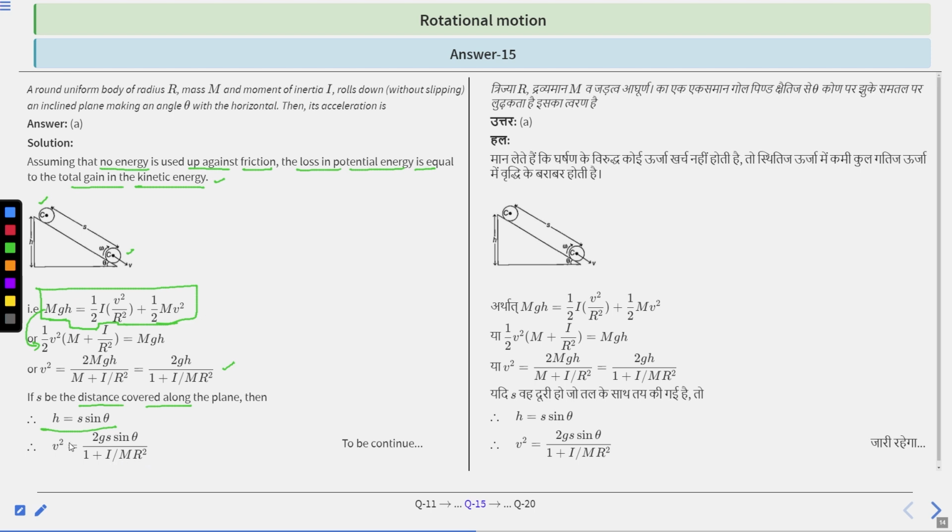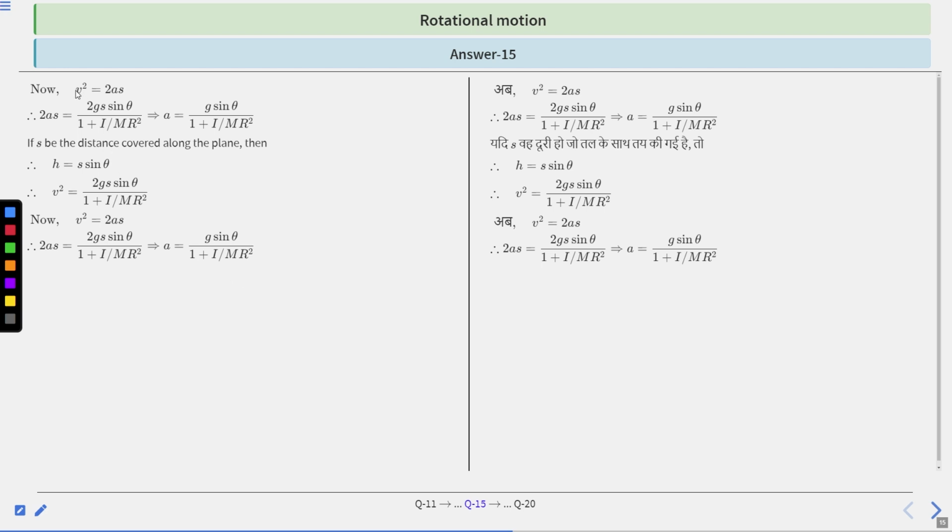We know v square is equal to 2as, and 2as is equal to 2gs sine theta divided by 1 plus I divided by mr square, which we already calculated in the previous slide. So acceleration a equals g sine theta divided by 1 plus I divided by mr square.